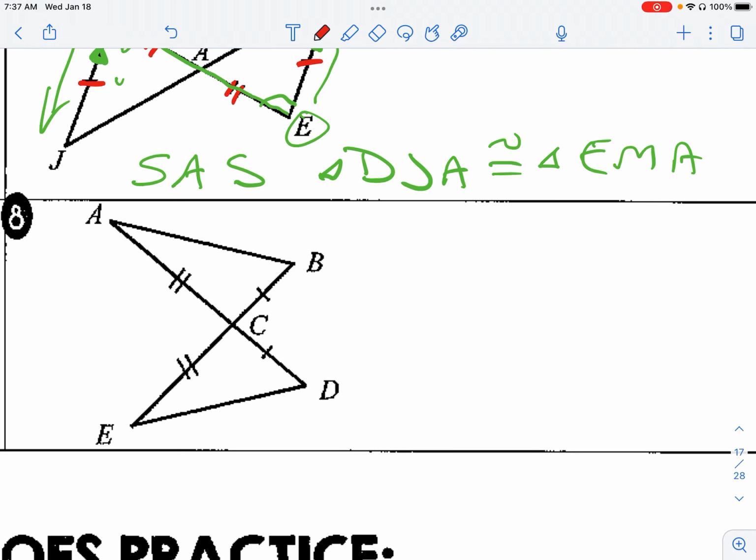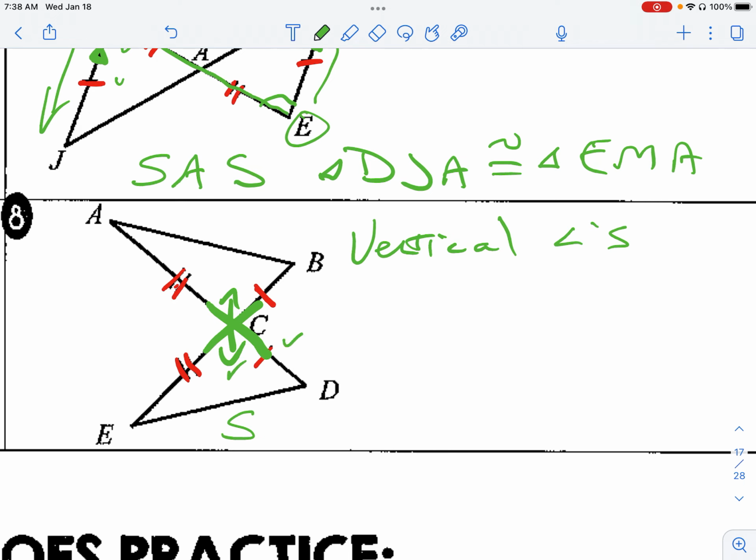All right, let's look at our last example here. We got two sides. And here we have our X, which makes these angles the same because we have vertical angles. So that would be side, angle, side. And then got to write our congruency statement.